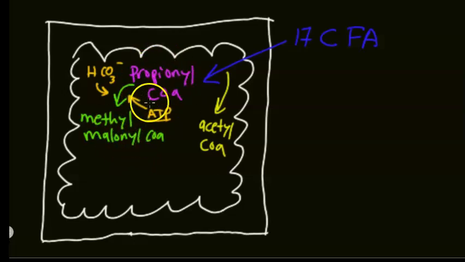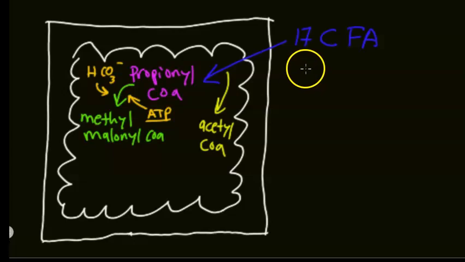Now, propionyl-CoA is a 3-carbon molecule, whereas methylmalonyl-CoA is actually a 4-carbon molecule. And the enzyme that's responsible for doing that is known as propionyl-CoA carboxylase. So let's actually write that over here.